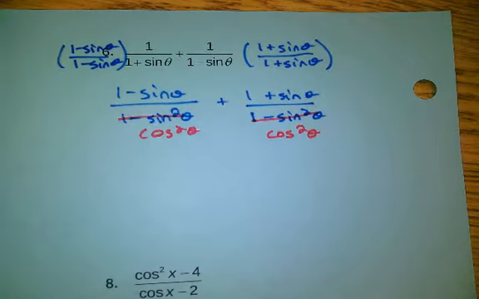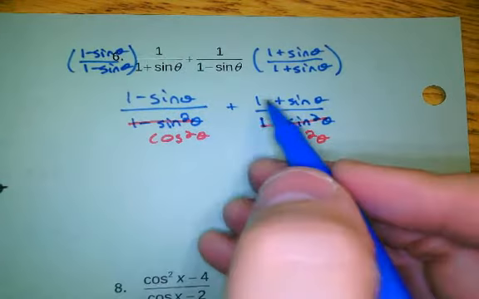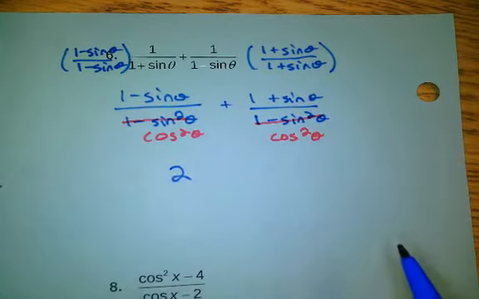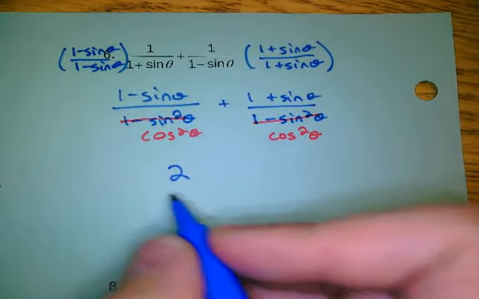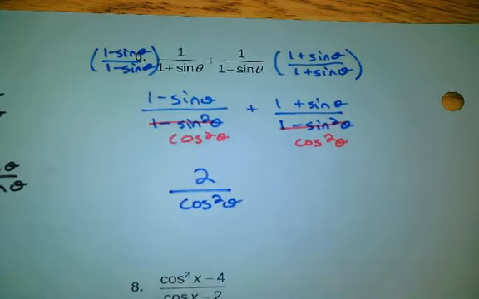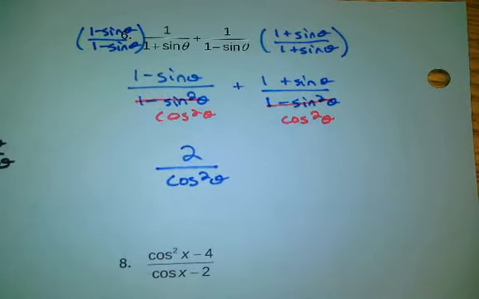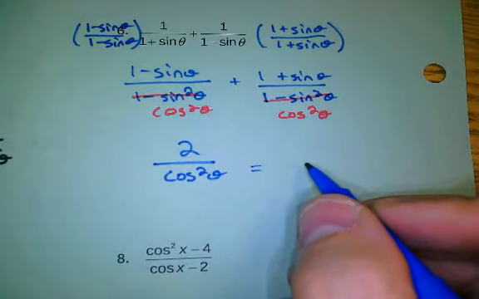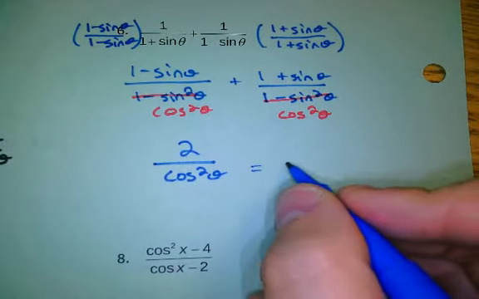So now I'm going to get 1 plus 1, which is 2, negative sine plus sine, which is nothing, all over cosine squared theta. Can I rewrite that nicely? Don't worry, you're not flipping the 2. The 2 is still there.